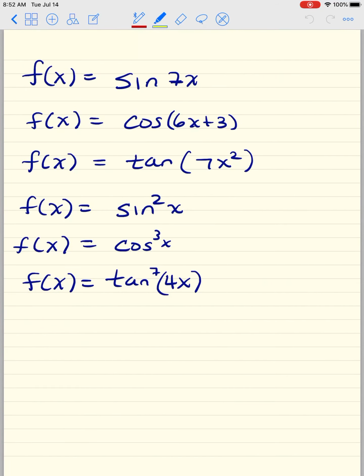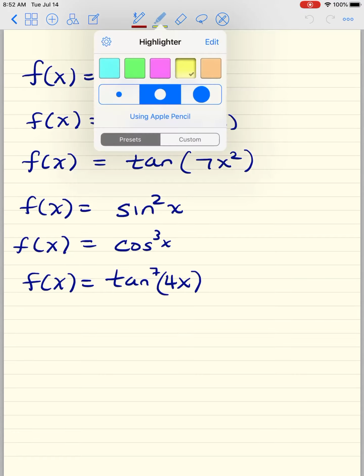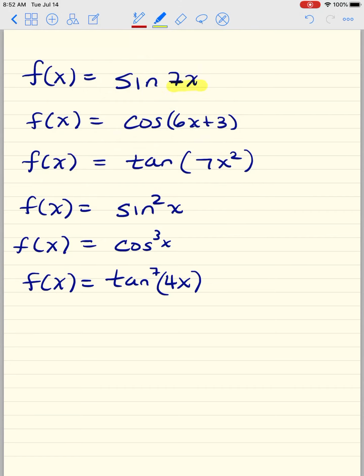In these examples, they are all about the trig, and the reason why I know it's a chain rule is because their angle is other than 1. So if your angle is other than 1, you have to use the chain rule. Now, also for trig, if their exponent is other than 1, you have to use the chain rule.